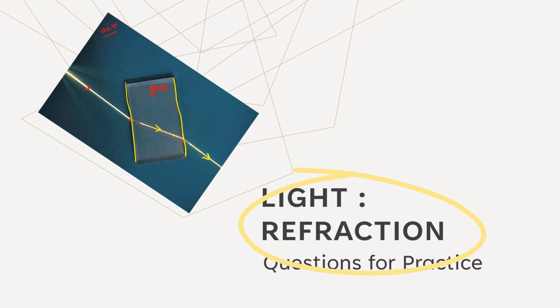Remember, refraction happens only when the light hits on the interface obliquely, that is at an angle between 0 and 90 degrees. We are excluding both 0 and 90.